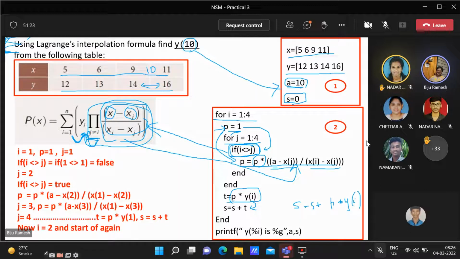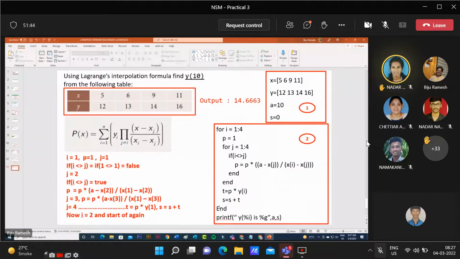I just assigned it to T. Maybe I came across some issue and that's why I assigned it to T when I was working. And then we say S is equal to S plus T.